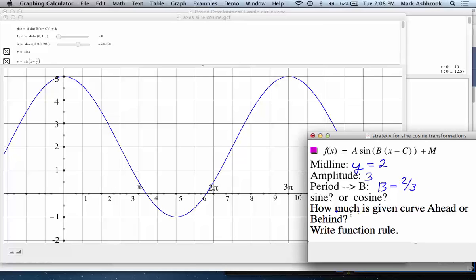So now we're choosing sine. What you have left is you've got to imagine or sketch sine. So where does sine start at x equals 0? Does it start at the minimum, at the midline, or the max? Sine starts at the midline, right?